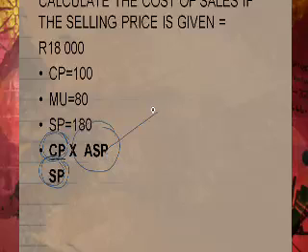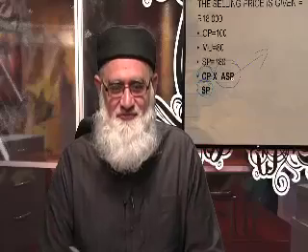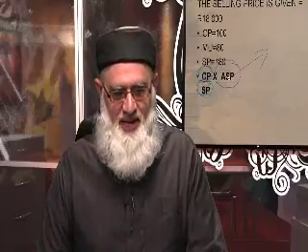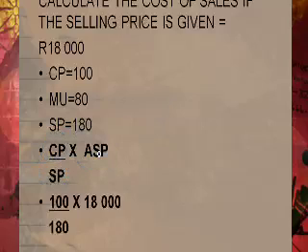And how do you remember this? ASP, easy guys, Ashraf Patel, actual selling price. Here goes. Cost is 100, selling 180 from my formula, times my actual selling price, which is 18,000, and this is what we get, 10,000 Rand as our cost price.